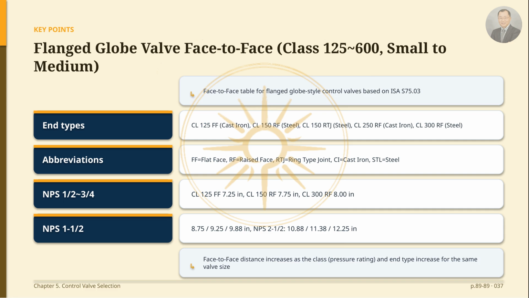For NPS 1.5 inches, these are 8.75, 9.25, and 9.88 inches, respectively, and for NPS 2.5 inches, they increase to 10.88, 11.38, and 12.25 inches. The key point is that for the same valve bore, the face-to-face distance gradually increases as the pressure class increases and the end type becomes larger.